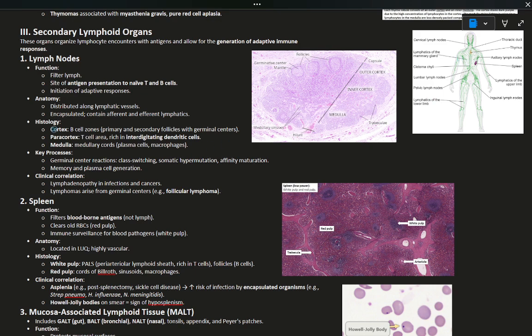Regarding the histology of the lymph nodes, the cortex is also known as the B cell zone. This is the primary and secondary follicles with germinal centers.